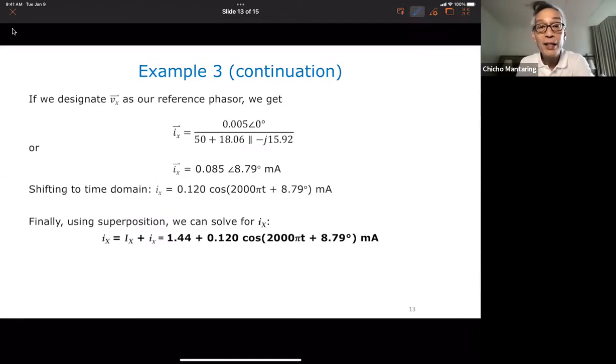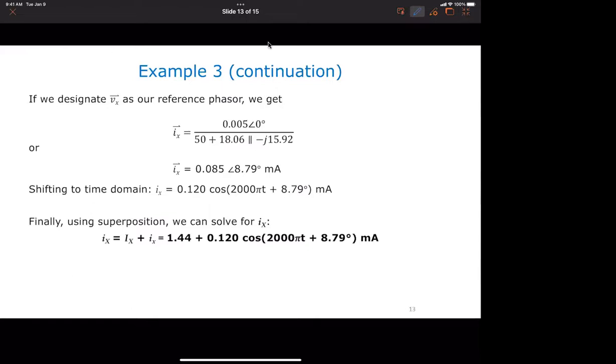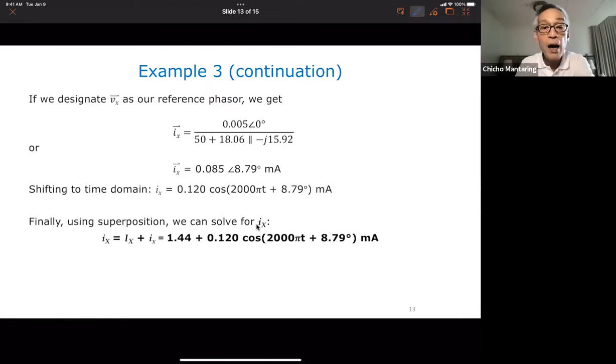Okay. Any questions? Sir, random lang, pero saan ba nakuha si 0.120? This is supposed to be your RMS value. But when you have your time domain, this is supposed to be your amplitude.